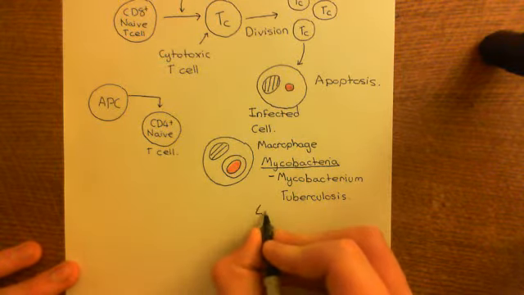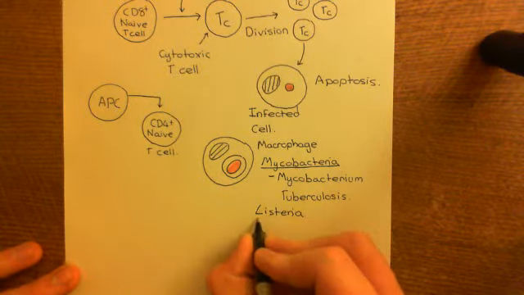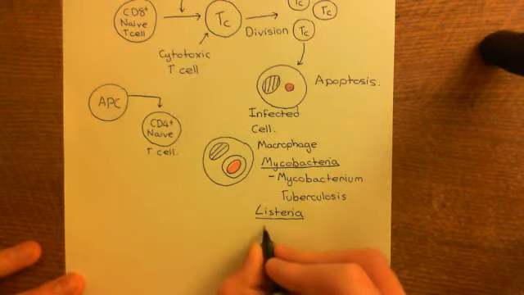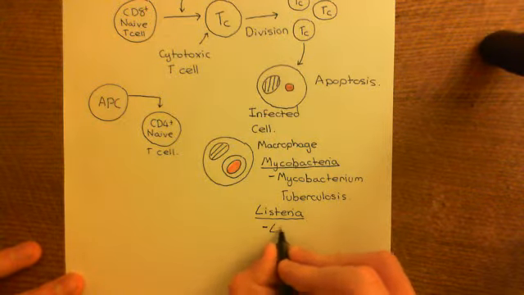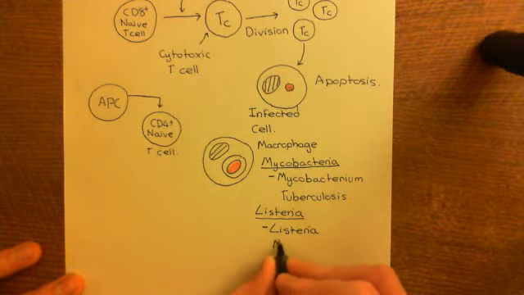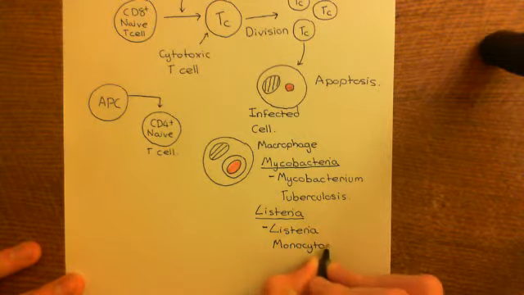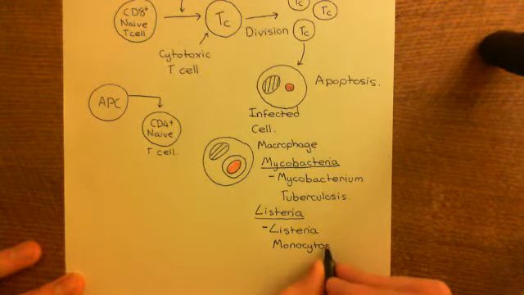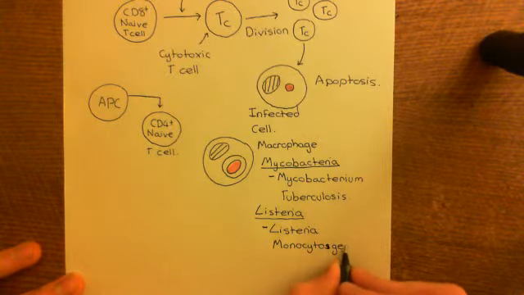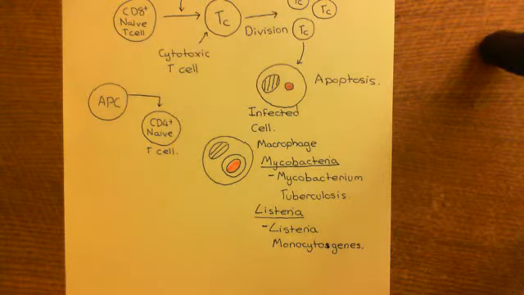Other bacterial species which are capable of doing it are Listeria species. The archetypal example of a Listeria species would be Listeria monocytogenes, which causes gastroenteritis. These can be phagocytosed by macrophages, and then they will live within the phagosome and stop phagolysosomal fusion.